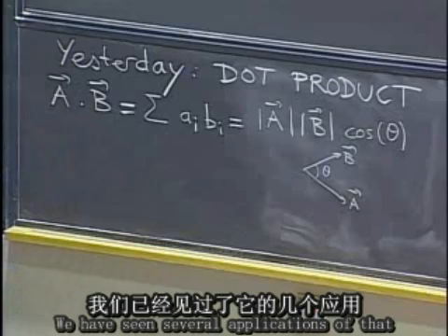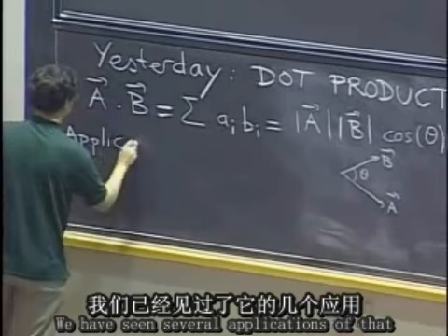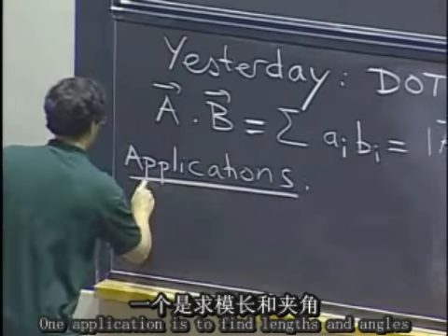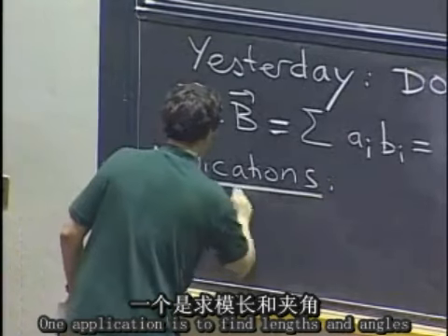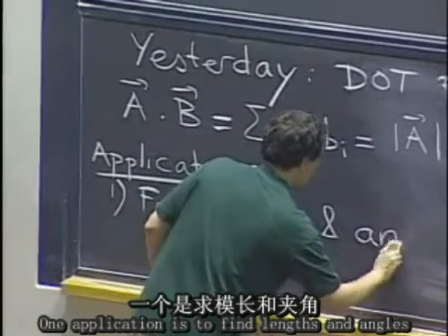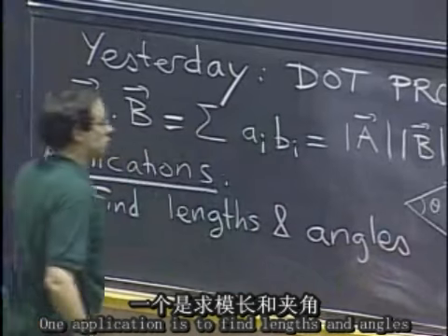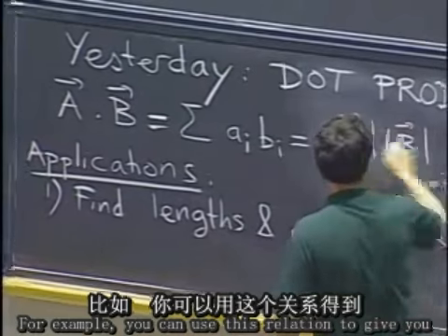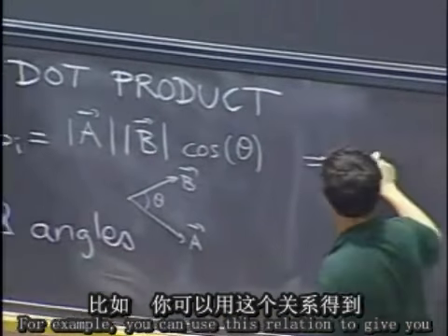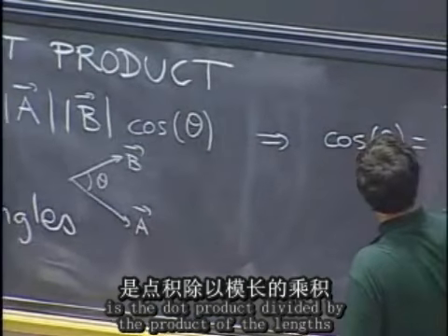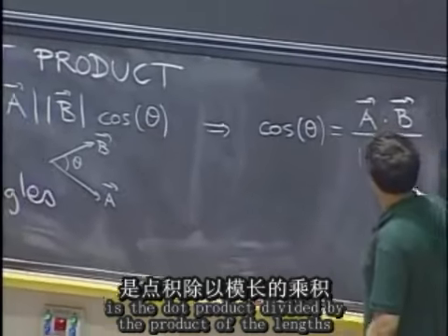So we've seen several applications of that. One application is to find lengths and angles. For example, you can use this relation to get that the cosine of the angle between two vectors is their dot product divided by the product of the lengths.